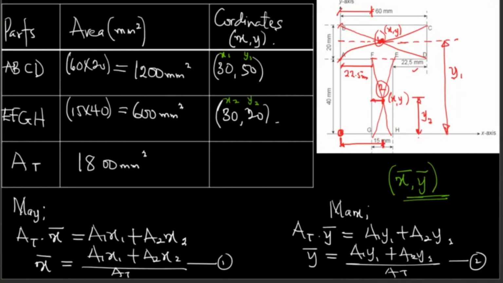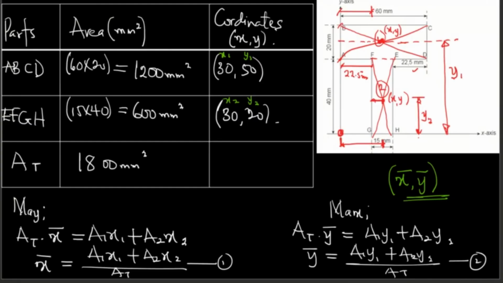So I'm just going to substitute now. I'll be writing that on the next page. x bar is A1 x1 plus A2 x2 divided by A total.